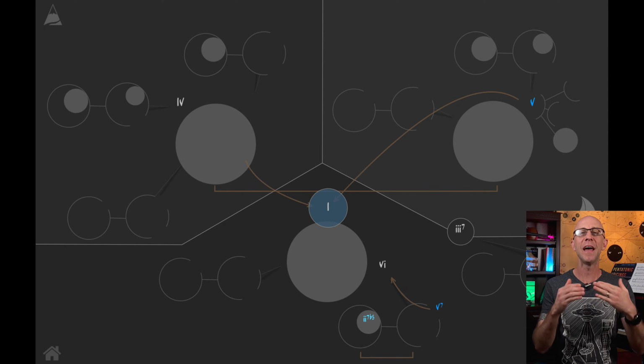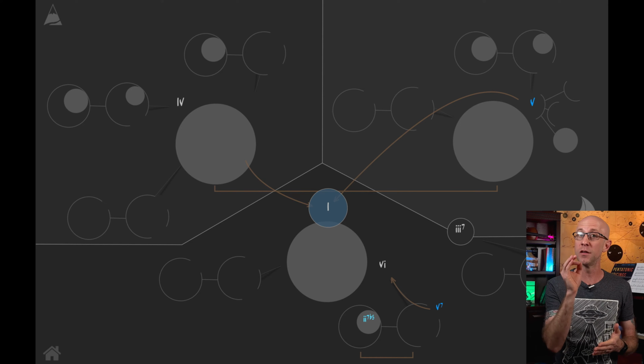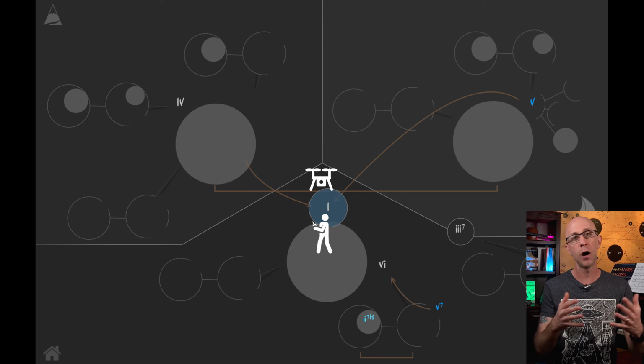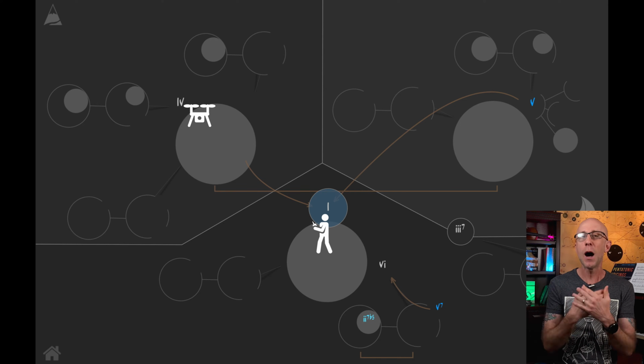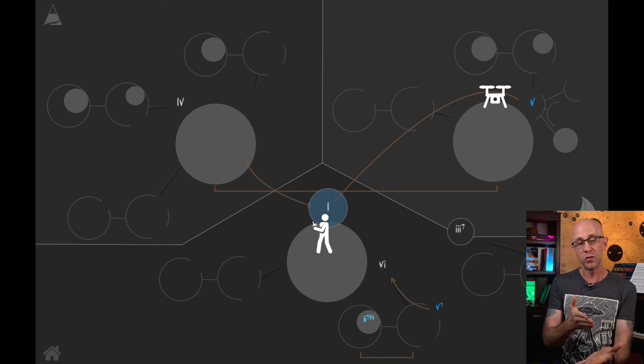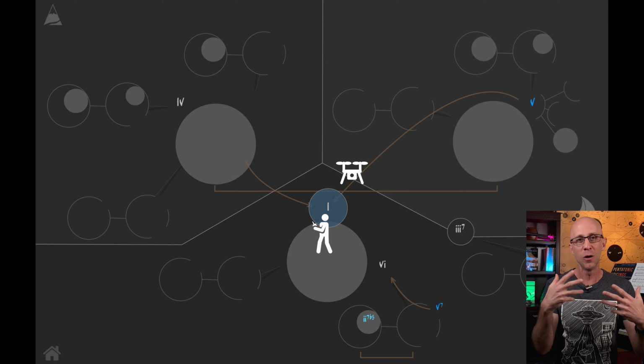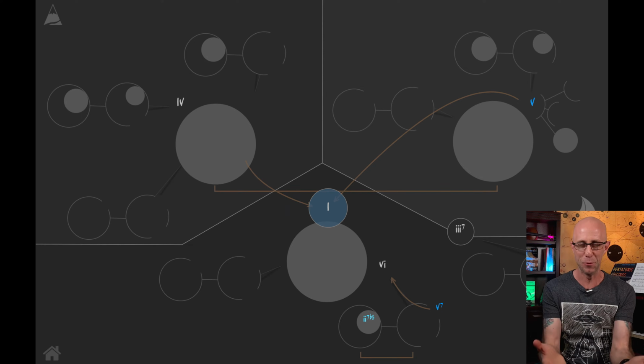Now, the bass line is working like a pedal point or an anchor. Pedal points are great because they allow us to travel around the map in a very special way. A pedal point anchors the listener's ear to a specific place while showing them other sites in the map. This is much like operating one of those camera drones while you stay fixed and get to see all of the surroundings. Let me give you an example.